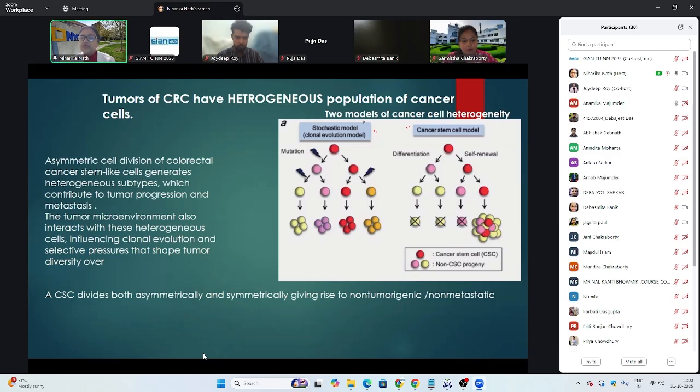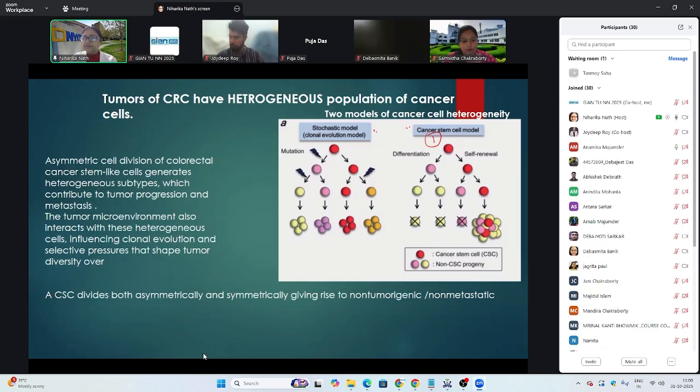There are two ways that you can get heterogeneous cells. Look at the stem cell first, on the right hand side. A stem cell is your original cell.